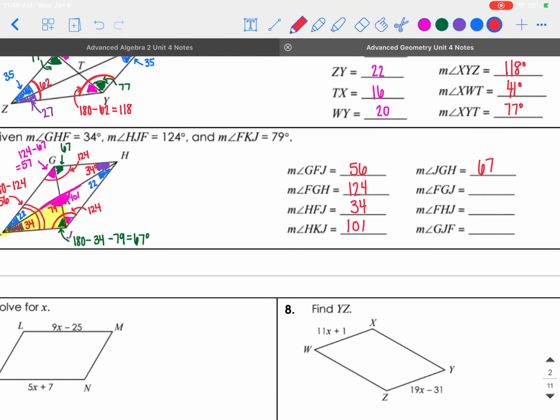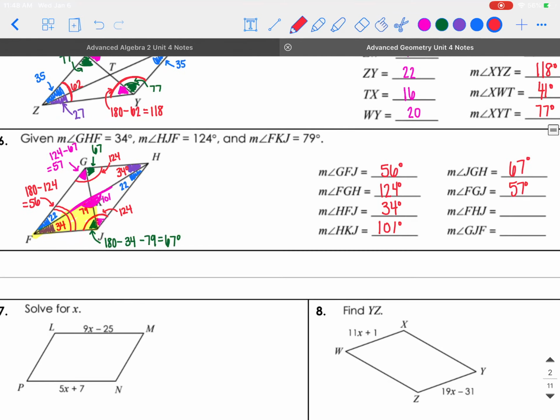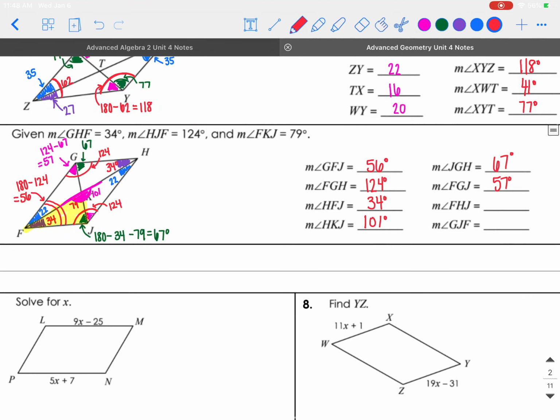FGJ, that's a pink, 57. And I should be writing degrees on all of these. FHJ is the blue, 22 degrees. And GJF is green, 67 degrees.